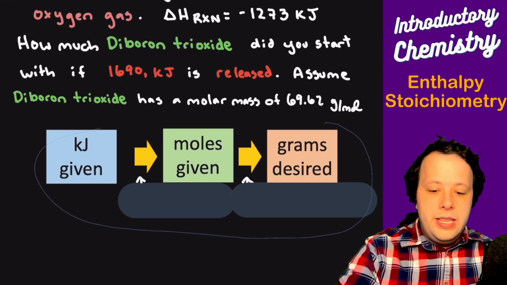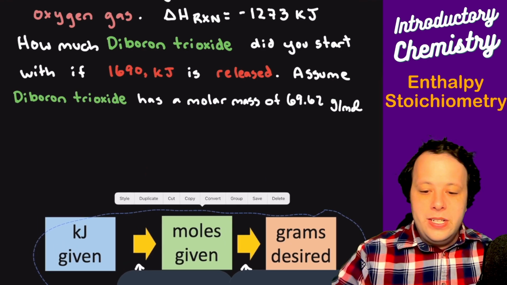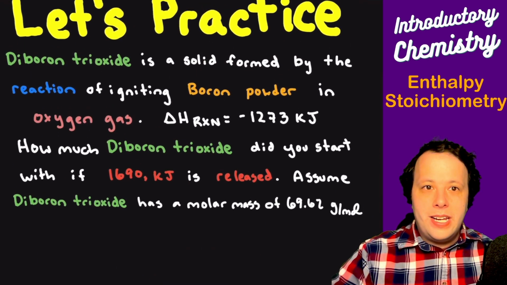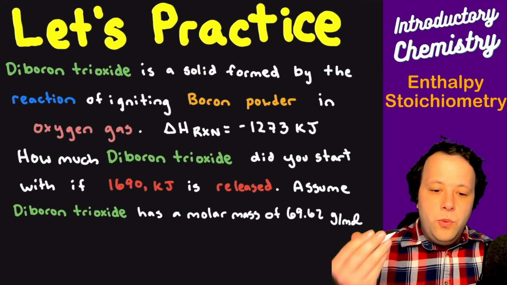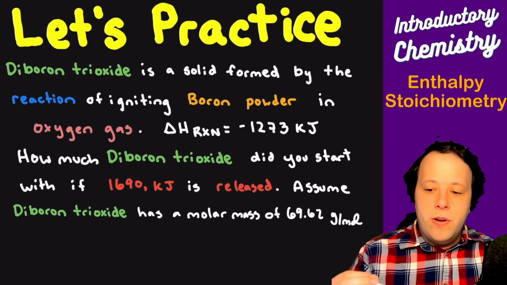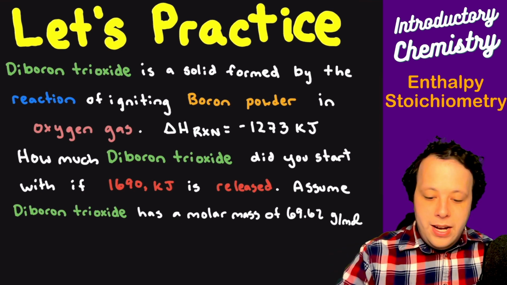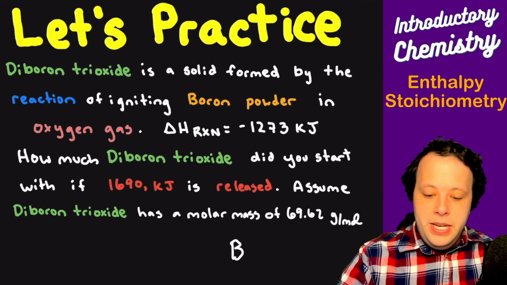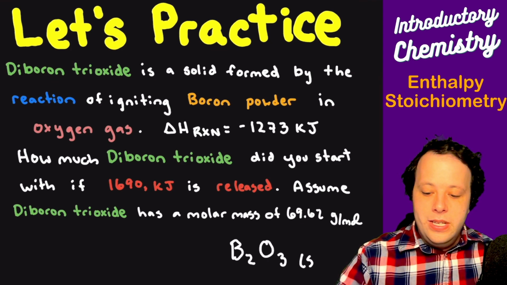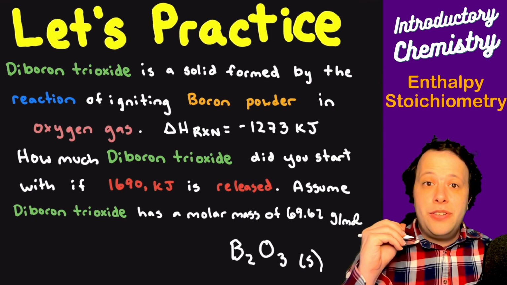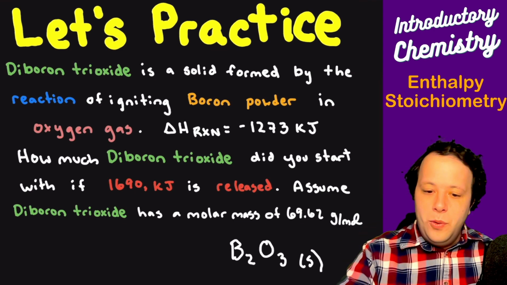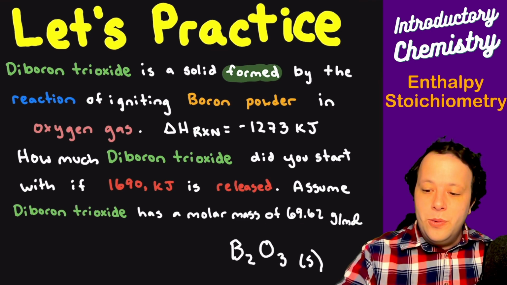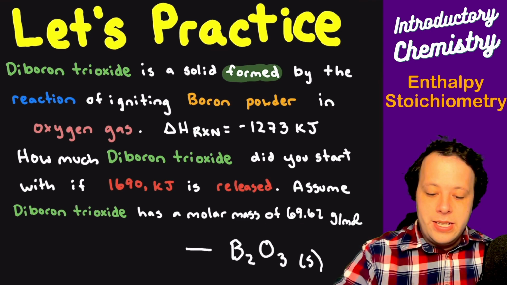The first thing we are going to do is balance our chemical equation. It says diboron trioxide. Di is 2, so it's going to be B2, and trioxide is 3, so B2O3, and it's a solid. It says it's formed, which means that it was created, so it is a product in this case.